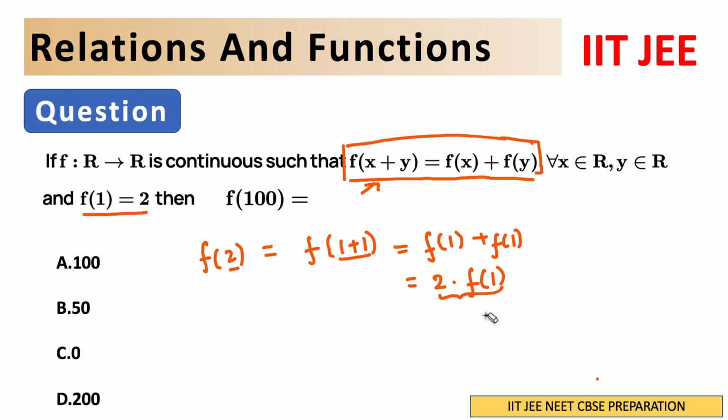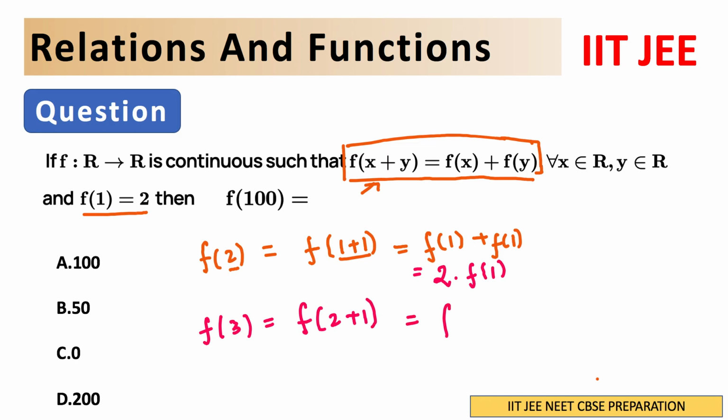We had calculated that f1 plus f2 is equal to f1 plus f1, so this is 2 times f of 1. Don't need to place anything, just stop here. Calculate f3 now. F3 is what? F of 2 plus 1, so this will be f of 2 plus f of 1.